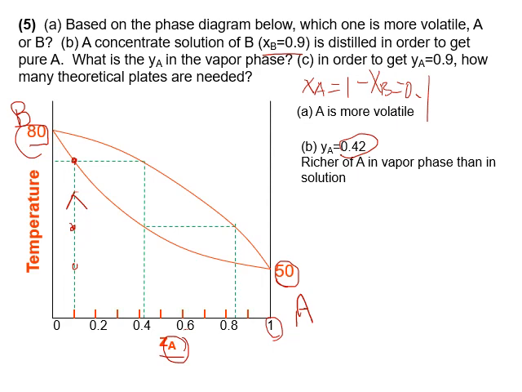So you need another one. And now with the third one, the mole fraction is about 0.95. And that is more than necessary. So the number of theoretical plates should be 3.